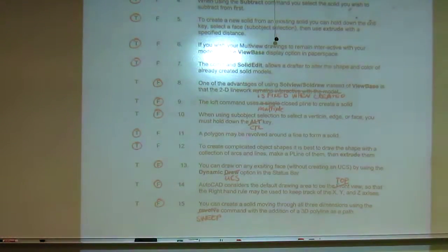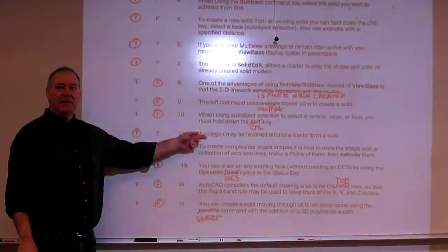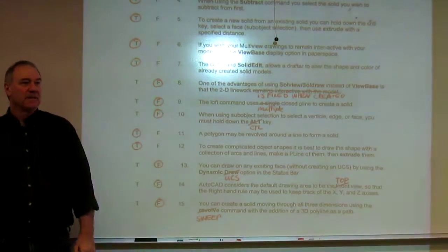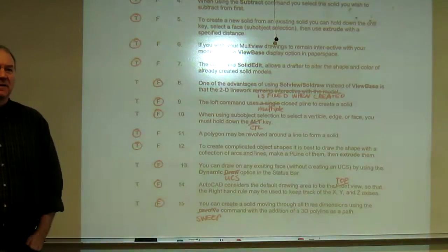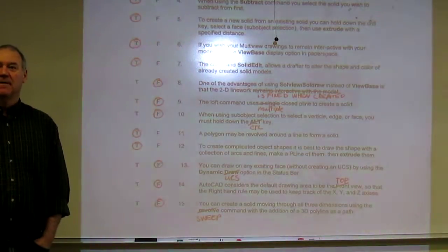10, sub-object selection. Hold down the control key. 11 and 12 are true. A polygon may be revolved around. Why can we make a solid out of any polygon? Because it's a closed P-line. Yeah.